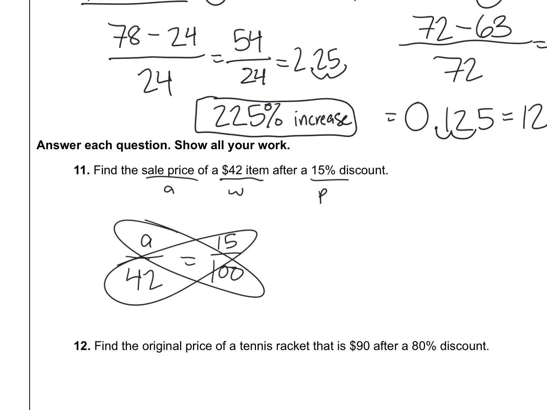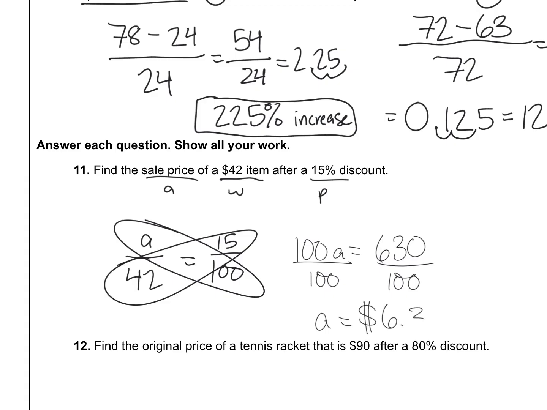We're going to cross multiply here. 100A is equal to 42 times 15, which is 630. Dividing this by 100 gives us an A value of $6.30.